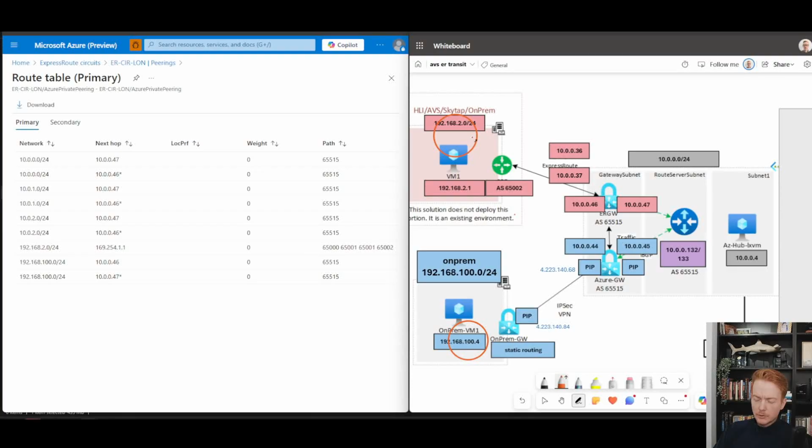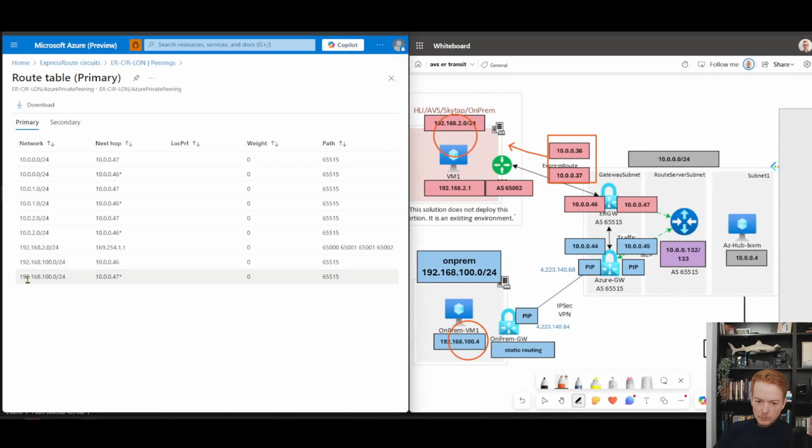How does it know how to send a packet to 192.168.100.4? Well, on-prem knows about the routes advertised via ExpressRoute. If we look at the routing table for this circuit, the things that it is advertising in this direction, we can look here at the circuit. It knows about this range.